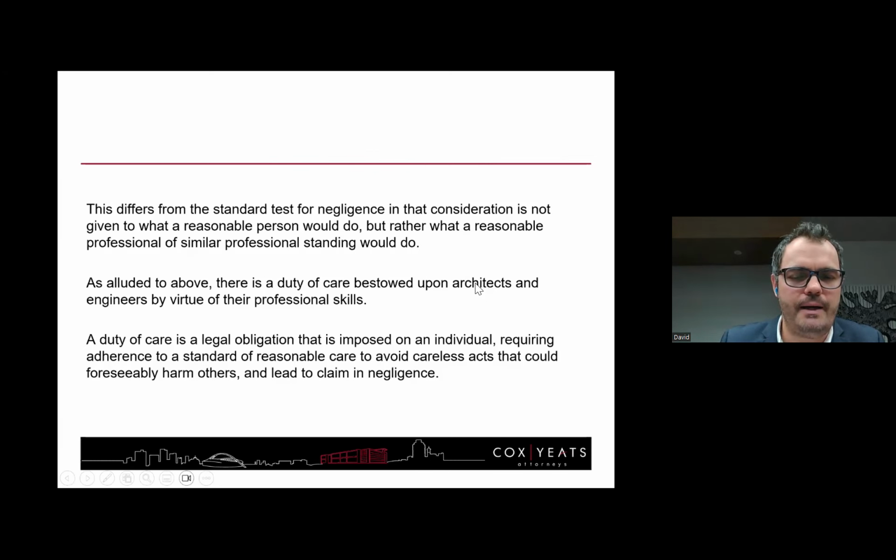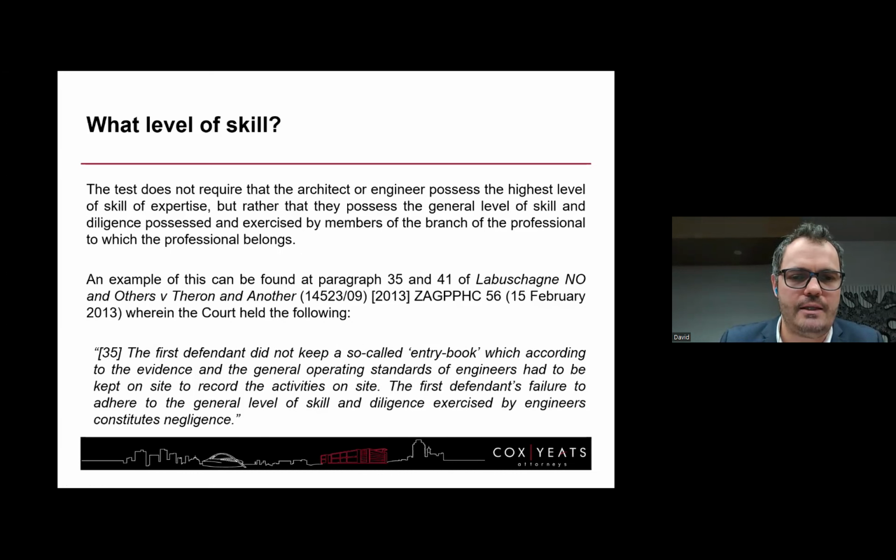And of course, remember, our test for negligence in the construction industry for professionals differs. You could look at the engineer, and it's the duty of care bestowed upon architects and engineers by virtue of their professional skills, knowing what they knew at the time. And it's an engineer of similar professional standing, what they would have done, knowing what they knew. And then, of course, you could look at Labuschagne versus Tehran, and you've got to look at, you're not required to be perfect, and that's what people forget in the engineering world.